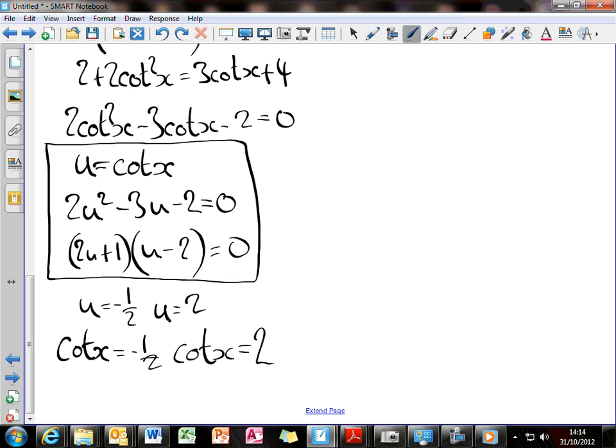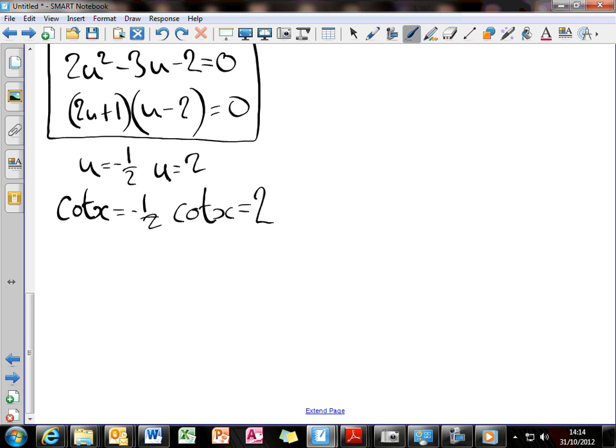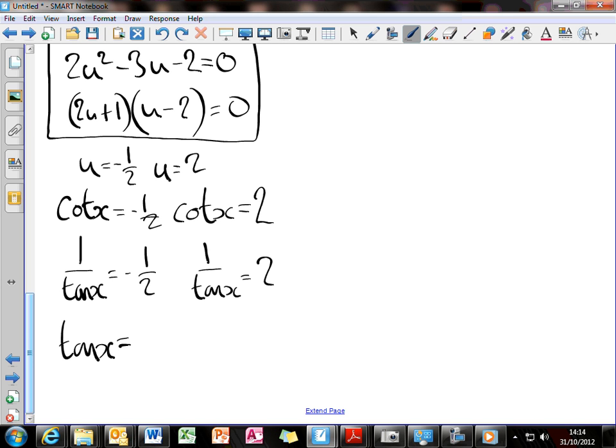So we've got to remember, right back to the very first question, that cotangent x is actually 1 over tan. So 1 over tan x equals minus a half, and 1 over tan x equals 2. So tan x equals minus 2, and tan x equals a half.